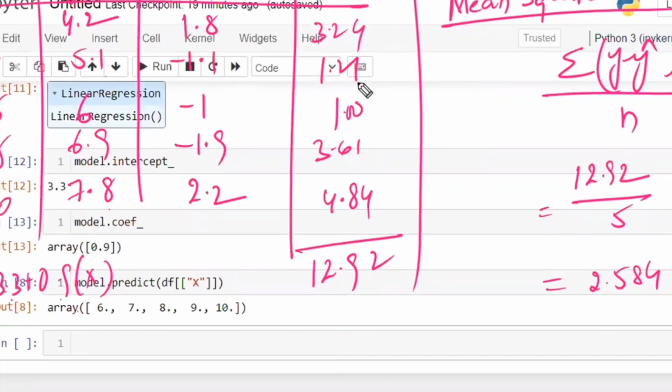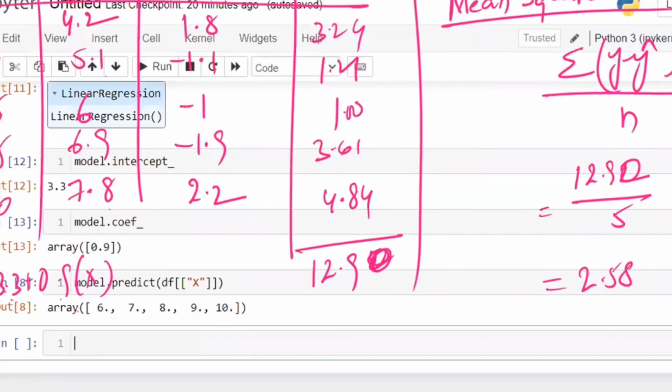Next one, minus 1.1. This one is correct, this one is correct, and this one is correct. Then automatically this will be 12.90, and this one will be 2.58. Done. Everyone will get the same answer.